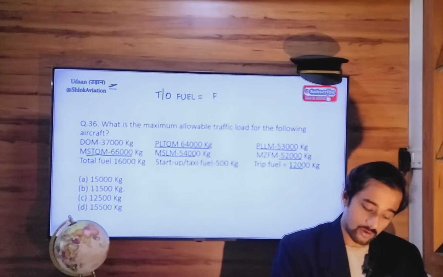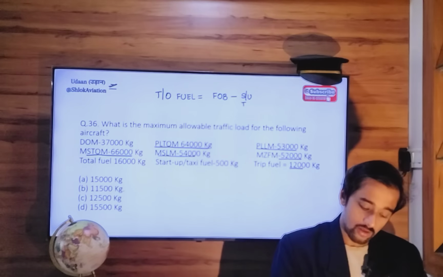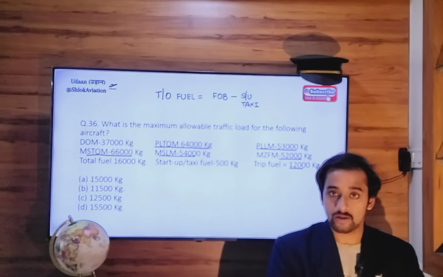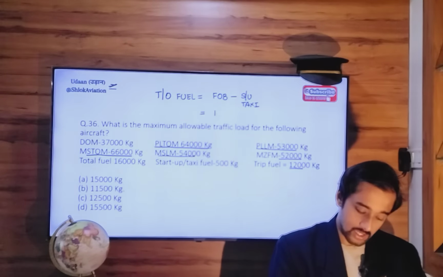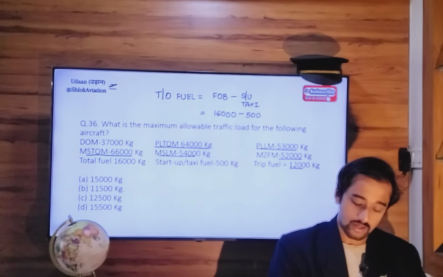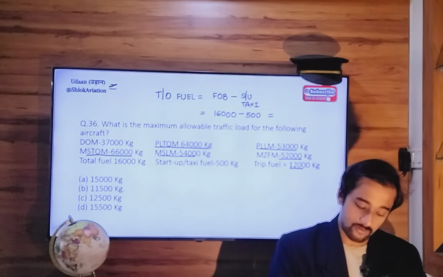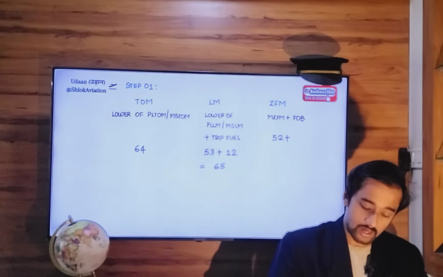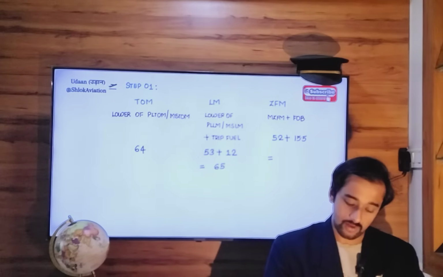To get takeoff fuel, you will have to subtract startup and taxi fuel from the total fuel on board. So fuel on board is 16,000 minus startup taxi fuel is 500. Therefore, takeoff fuel will be 15,500 kg or 15.5.